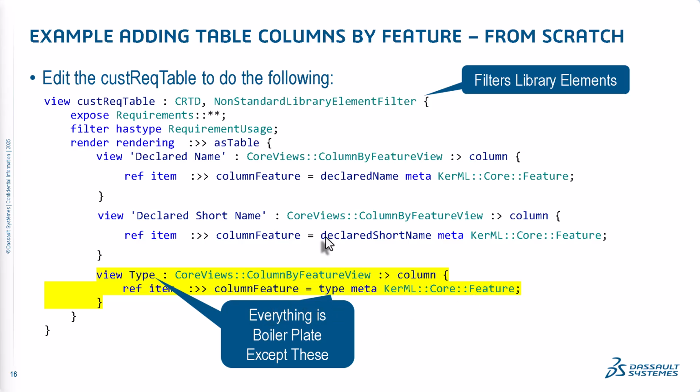For this example, declared short name, we're taking away the spaces and making the first letter lowercase. Okay, so here we're going to have declared name, declared short name, and type for our custom requirements table.